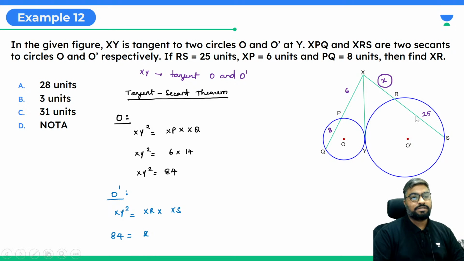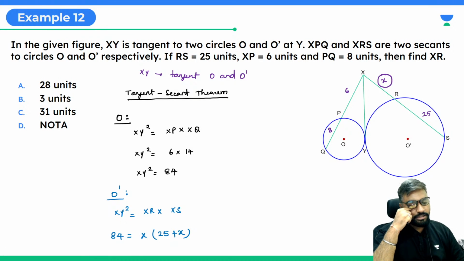What is XS? 25 plus x, correct? If you want to solve this quadratically, go ahead, it's your choice if you want to do quadratic equations here. My suggestion will be to go for answer choice plugin.